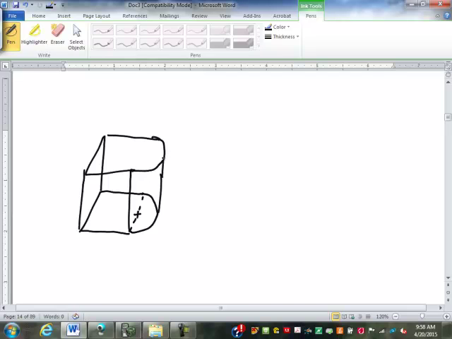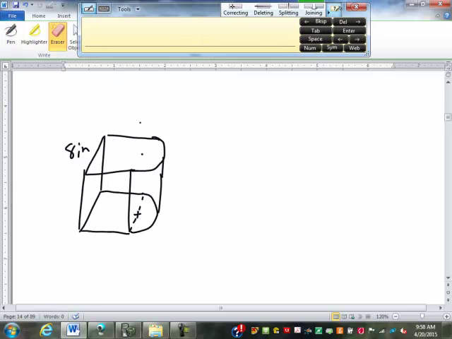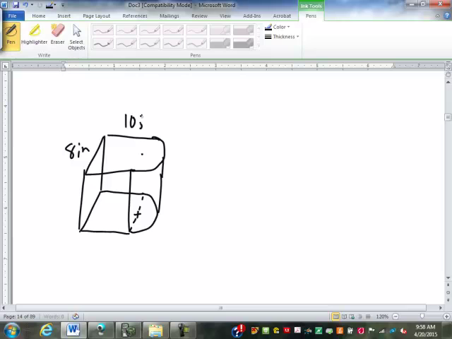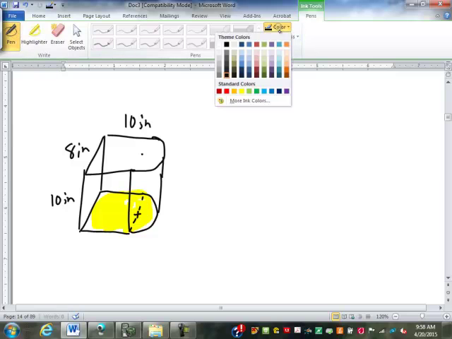First thing we've got to do is find the area of this base. Well, the area of that base is going to be 2 pieces.